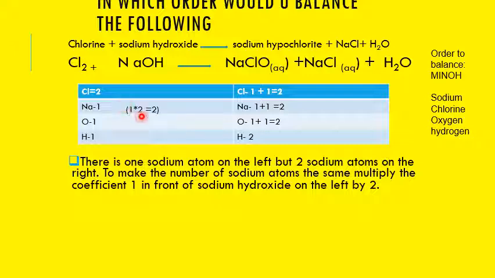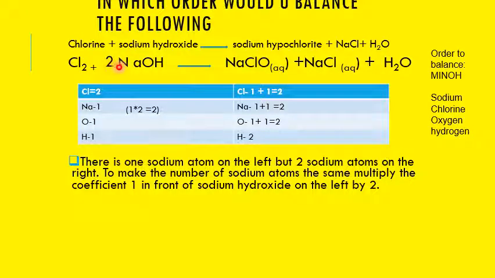So we have 1 times 2 is 2 for sodium. And we multiply the sodium by 2, so we need to then insert that 2 in the front of sodium hydroxide, because that's where we find sodium. Now, we put the 2 in front of sodium hydroxide, but remember, we also have oxygen and hydrogen along with sodium.